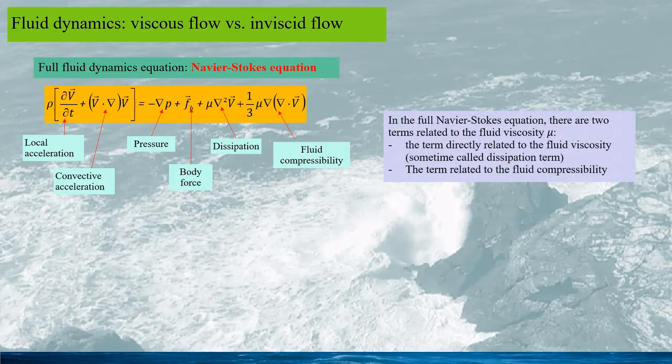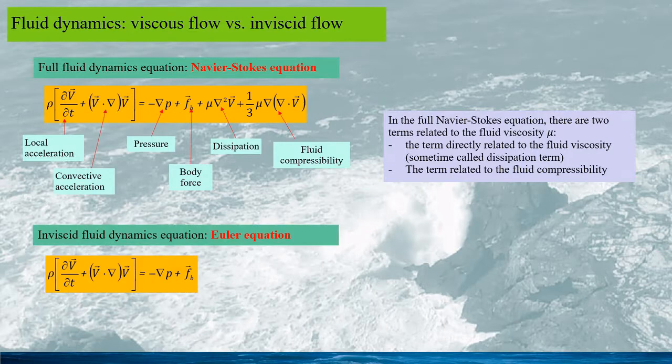For an inviscid fluid, the fluid viscosity coefficient mu equals 0. Thus, the Navier-Stokes equation degenerates to the Euler equation.